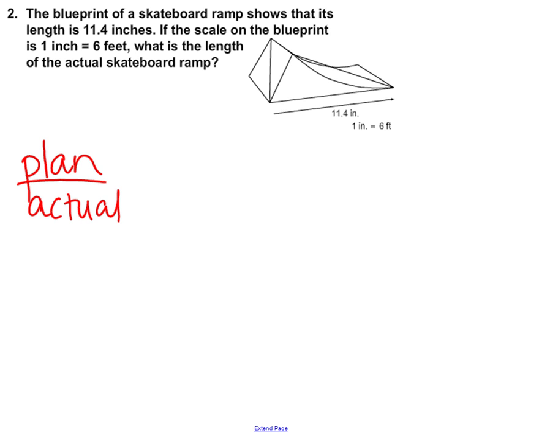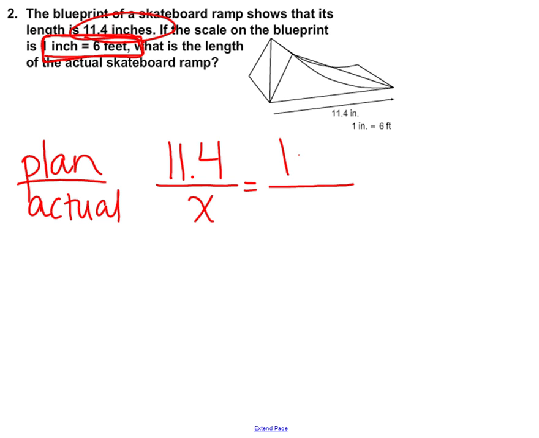So on the plan, the blueprint, it shows that 11.4 inches is actually equivalent to an unknown value. That's what we're going to find out. So on the plan, we know that 1 inch equals 6 feet.